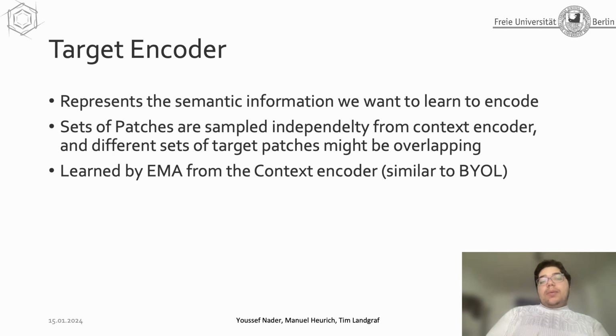And this network is typically, and you've seen this trick before in BYOL, an exponentially moving average of the context encoder, which is supposed to be the teacher, or the wiser network, that has the semantically rich information. And this is very similar to BYOL, so you can probably now see how this is sort of a mixture of BYOL and the masked autoencoder.